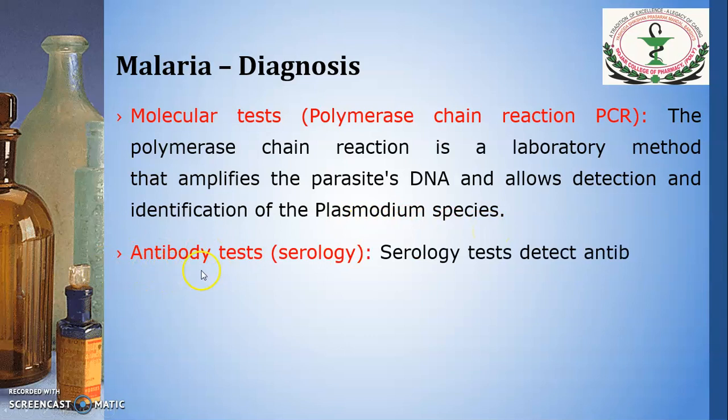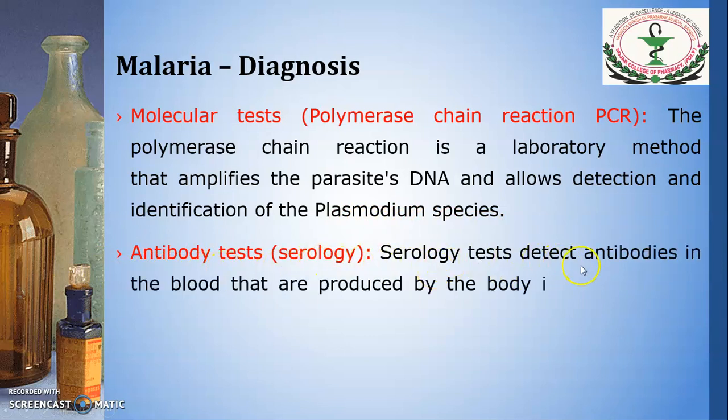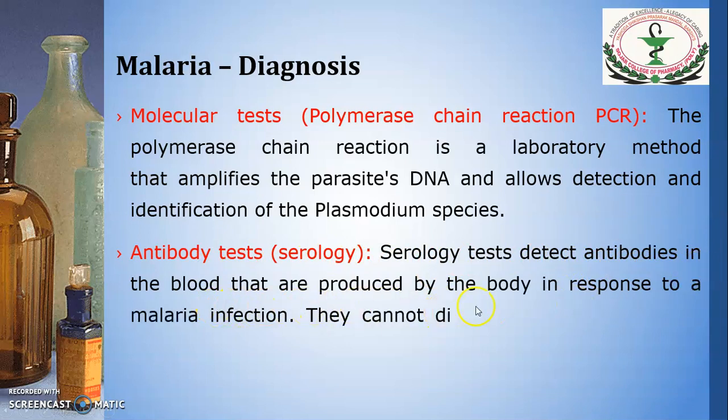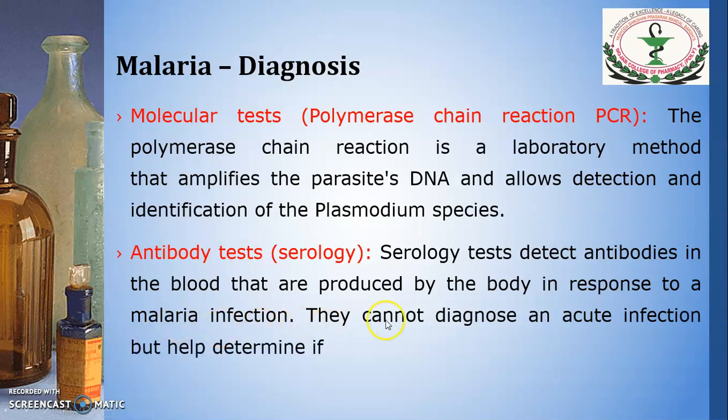Next test is the antibody test. This is a serological test. Serological tests detect the antibodies in the blood that are produced by the body in response to the malarial infection. They cannot diagnose an acute infection but help determine if the person was previously exposed. So this is not an accurate test.